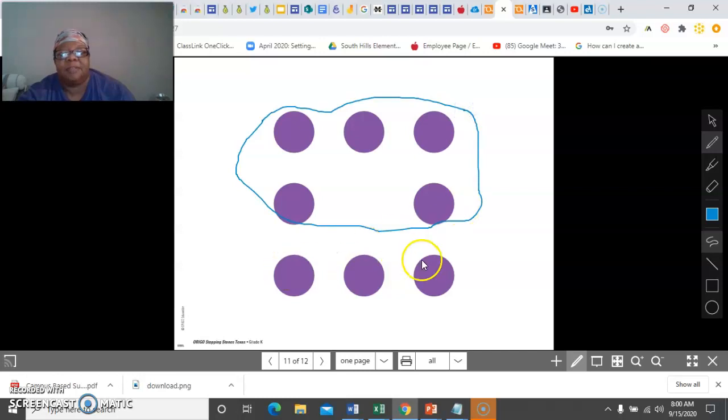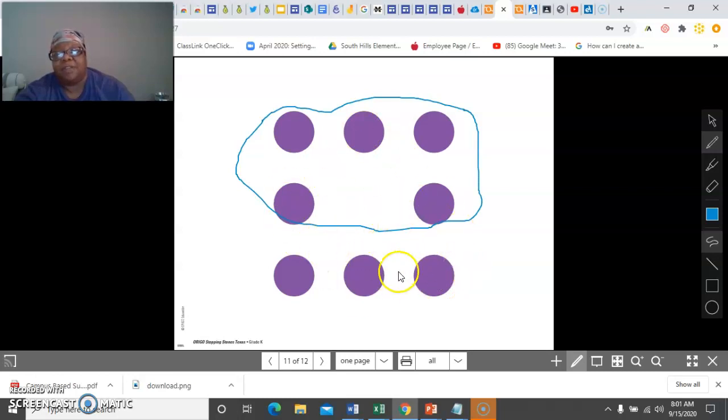And then we have this group. So we have 1, 2, 3, 4, 5, 6, 7, 8. So it's 8. And so you may see it in a different way, and that's okay, as long as you get the number correctly of how many dots.